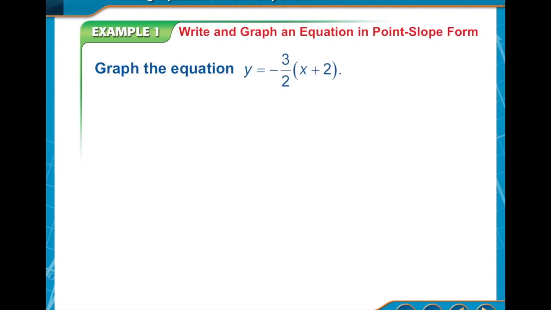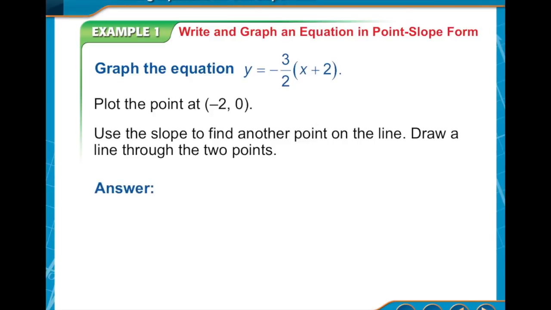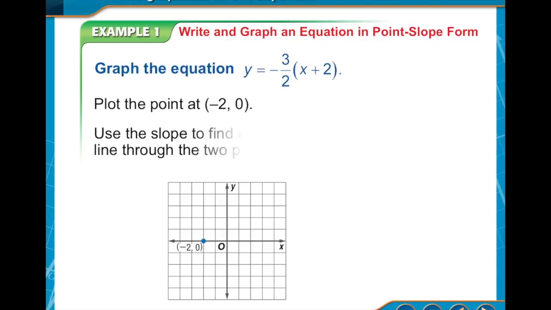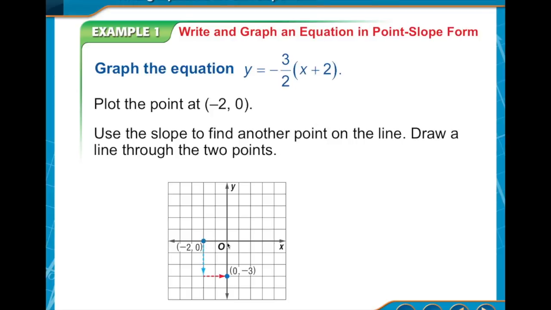Okay. So we can also graph that if we wanted to. You would plot the point that you were given and then do what the slope tells you to do. We practiced this before. The point you're given, -2, 0, plot that right here. Now your slope is -3/2. So what does that tell me to do? My change in y over change in x.